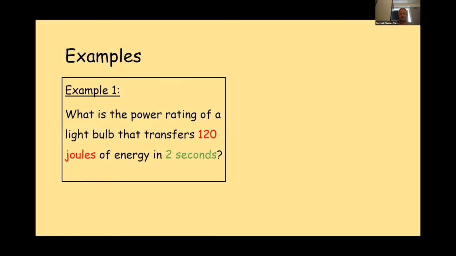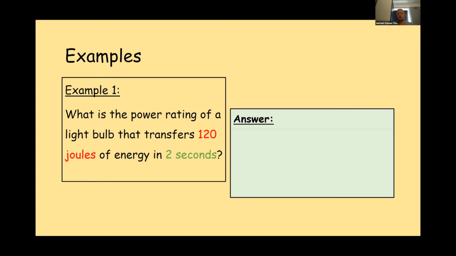What is the power rating of a light bulb that transfers 120 joules of energy in just 2 seconds? Well, the first thing is to place down the equation. Power equals work done divided by time taken. Then I put my quantities in the places where I can fill them. I've got a work done, which is 120 joules of energy transferred, and a time taken of 2 seconds.